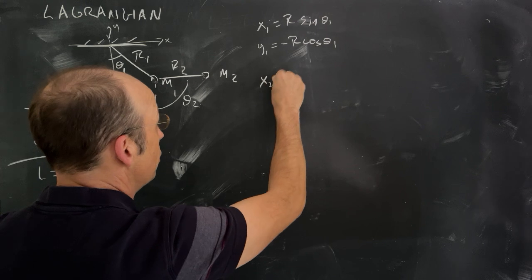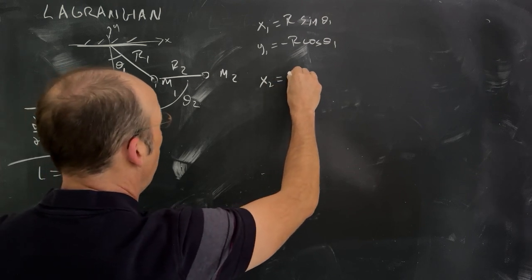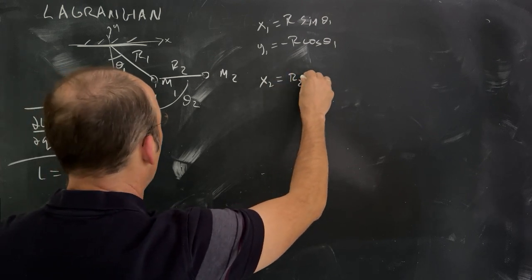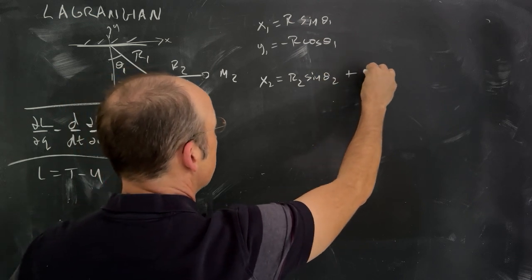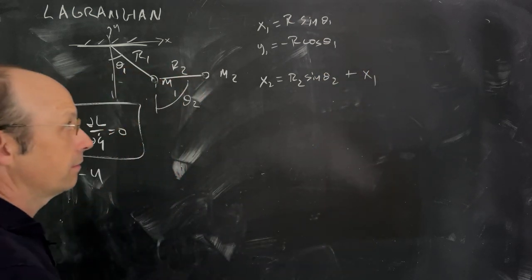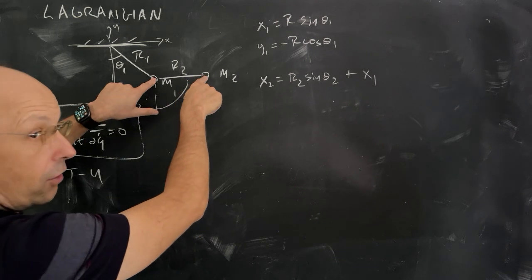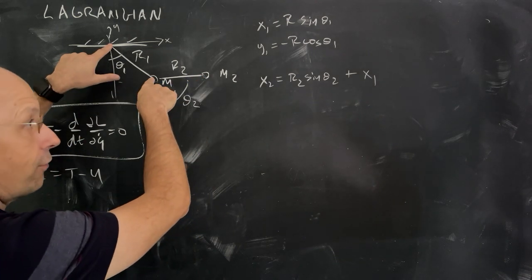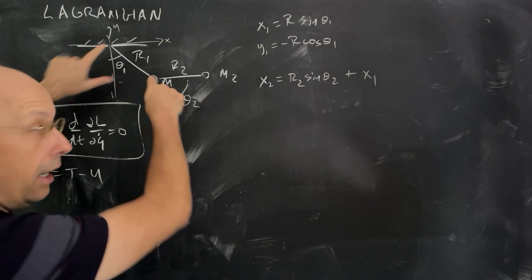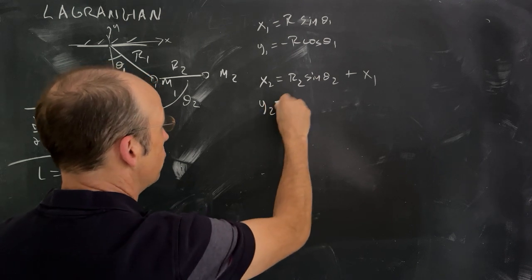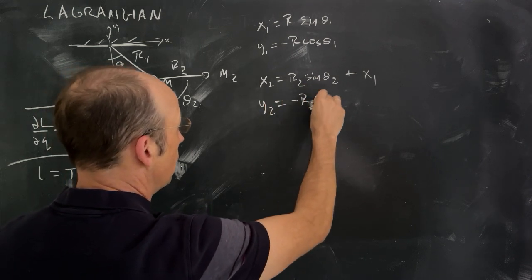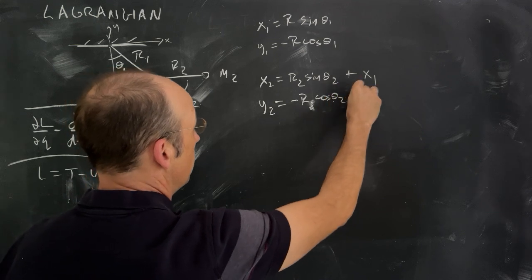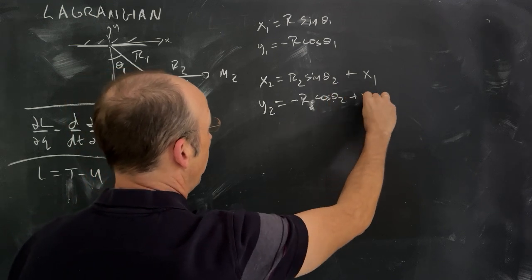I can say x2 is going to be equal to r2 sine theta 2 plus x1. So whatever this angle is, I just add in the x value over here. And I can do the same thing for y2. y2 is negative r2 cosine theta 2 plus y1.